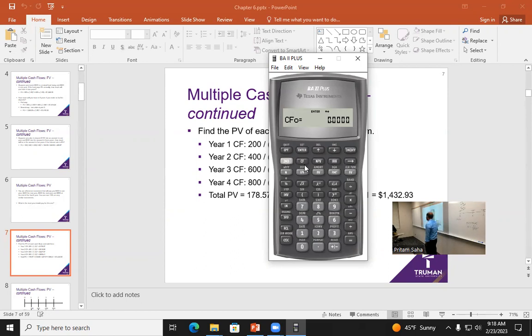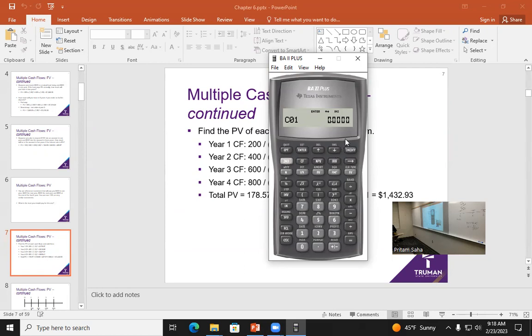For this example, what is our cash flow at day 0? 0. Input 0, enter. What is our cash flow at the end of year 1, or time 1? 200, right?